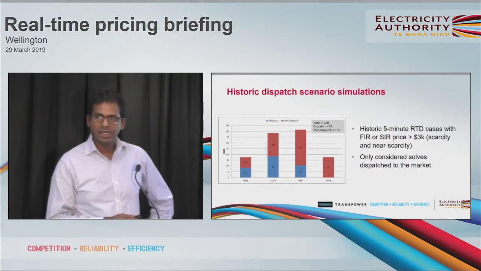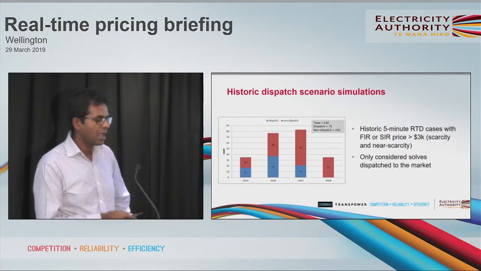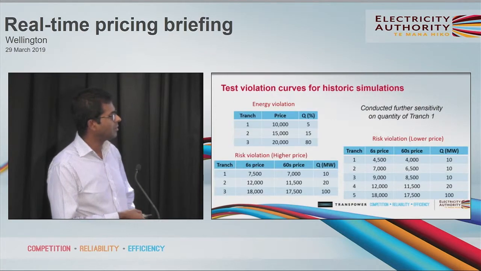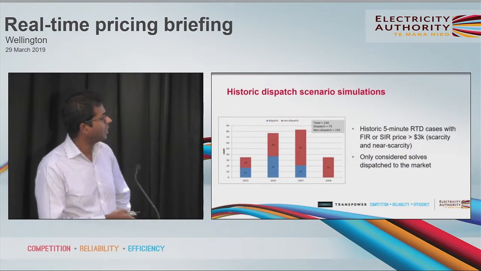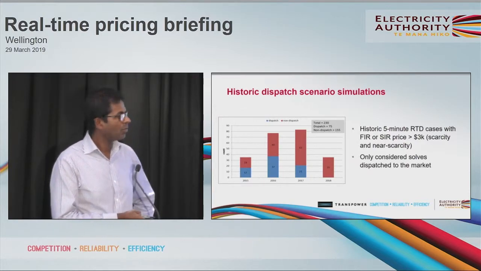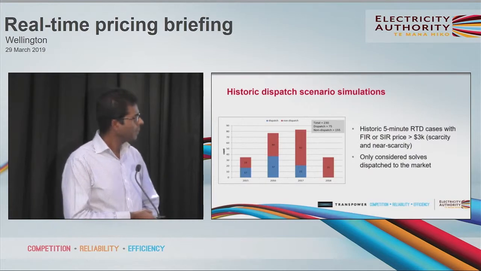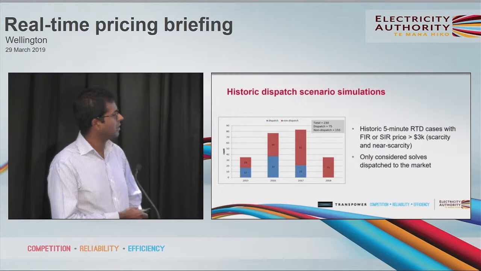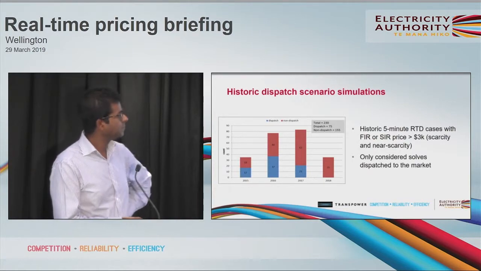This is using RTD cases from the system operator, and we focused on looking at the high prices of scarcity or near scarcity situations. And there were 75 of these scenarios that we had modeled. We only considered those that were dispatched.